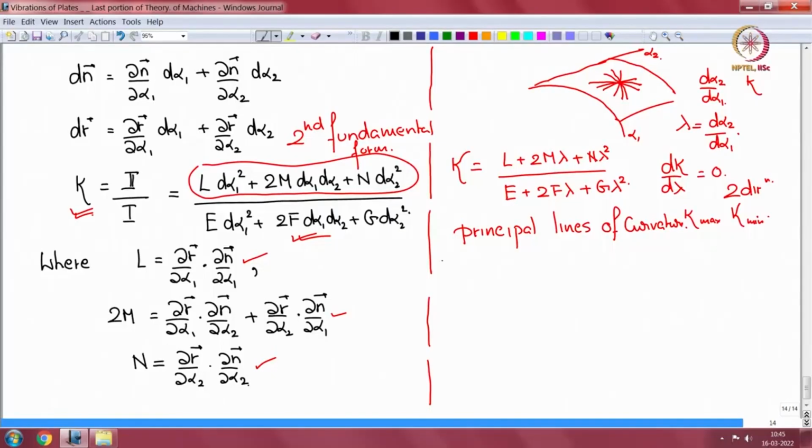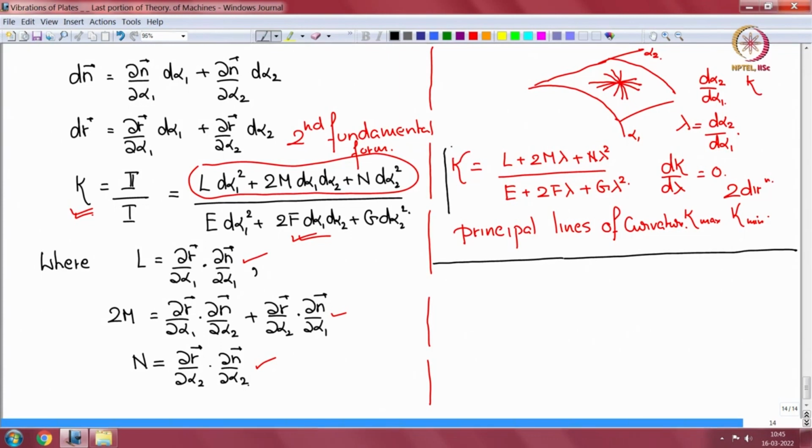Good morning and welcome to this next lecture on vibrations of plates and shells. We were last time looking at the second fundamental form and we had come up till here where the curvature is given by this formula.